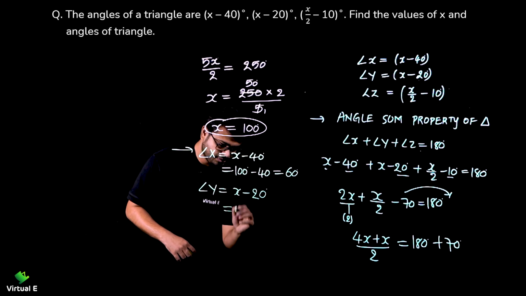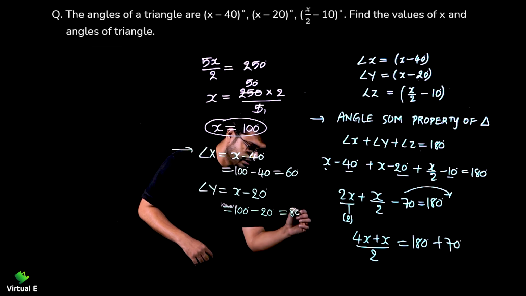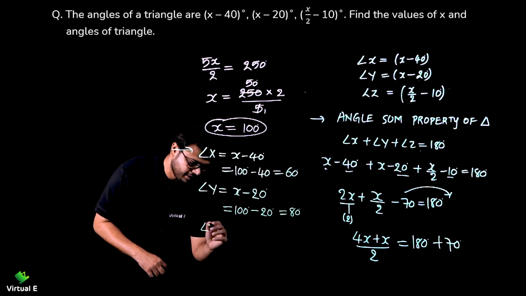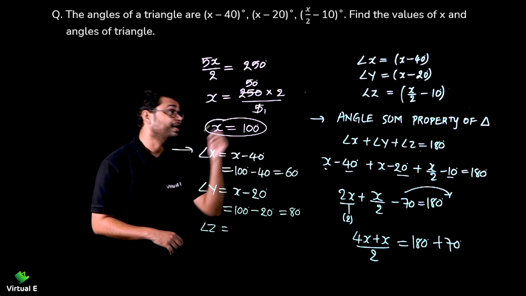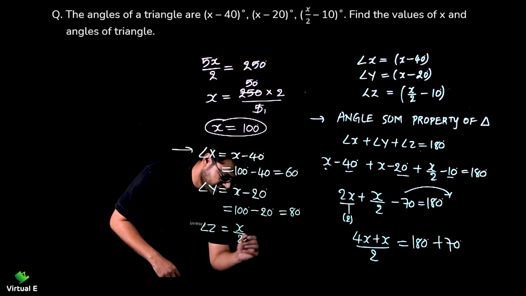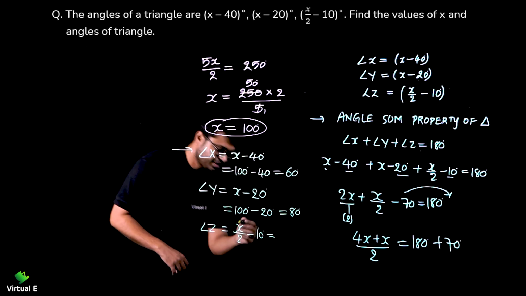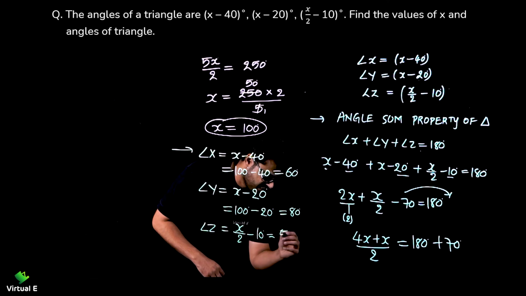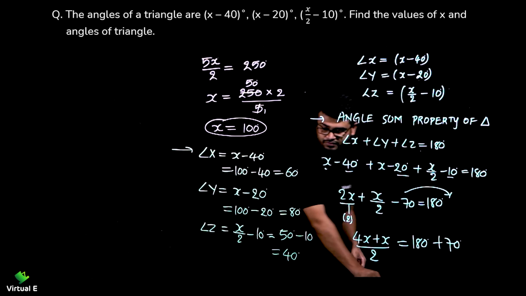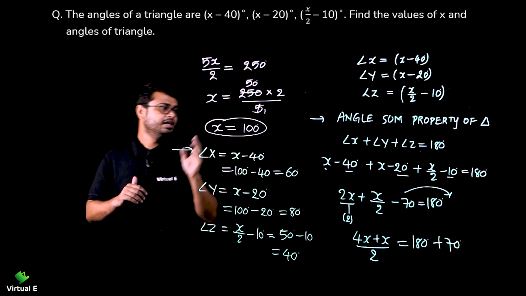So 100 degree minus 20 degree, that is 80 degree. And finally angle z is equal to x by 2 minus 10. So 100 by 2 is 50 minus 10, that is 40 degree. So the three angles are what? We have 60 degree, 80 degree and 40 degree, and the value of x is 100 degree.